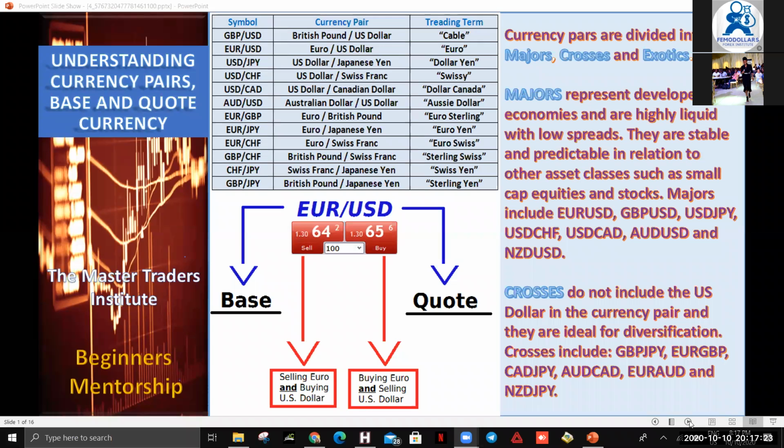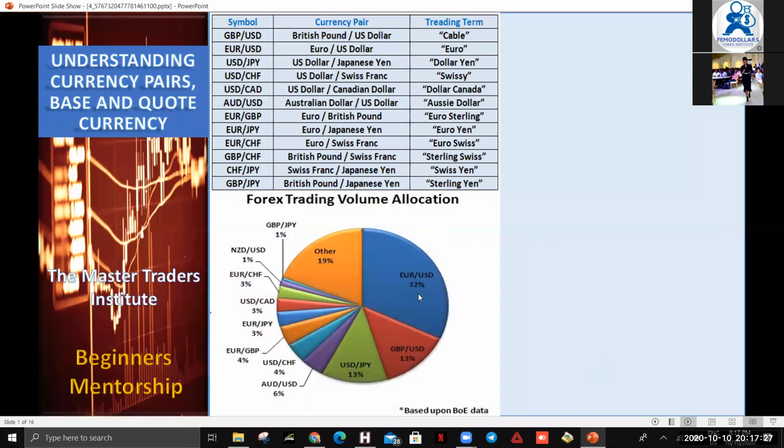Now look at the volume traded every day. Euro USD has the highest volume allocation. So many people are trading this currency because the government is working fine and there are so many things happening. See the others, this is GBP USD, this is USD JPY.